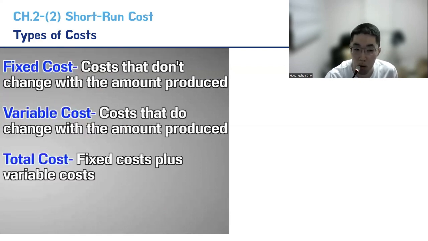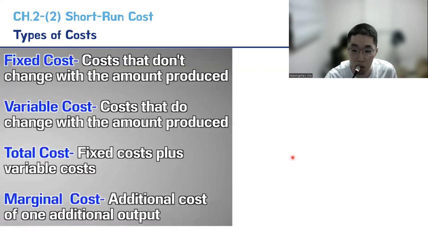If there are only two costs, which are fixed cost and variable cost, in this world, then the total cost must be fixed plus variable cost, right? And there's also the concept of marginal cost. Marginal cost is the additional cost of producing one more output.